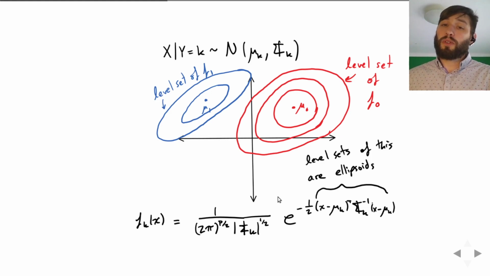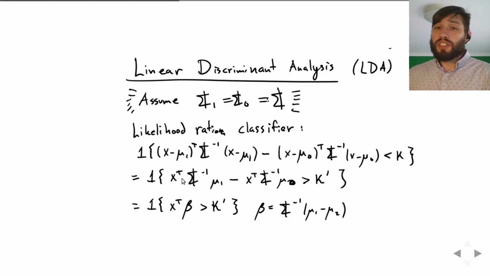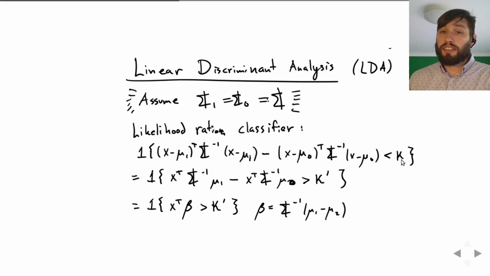But then we can pull what's in this exponent together, and so the difference between these quadratic forms becomes the relevant quantity. So that's equivalent to saying, well, is the difference between these two less than some k, or some kappa, right?